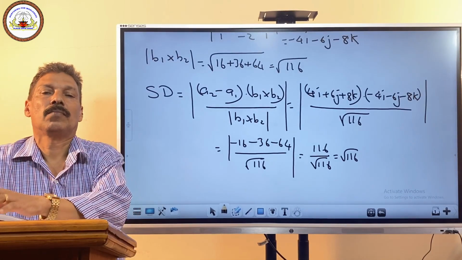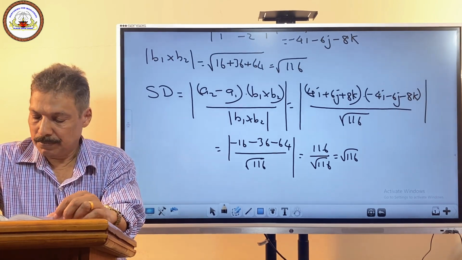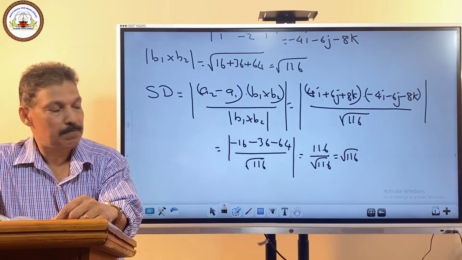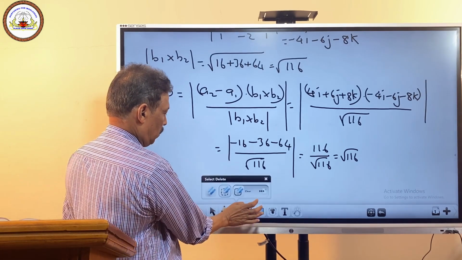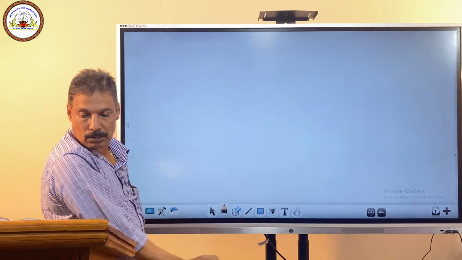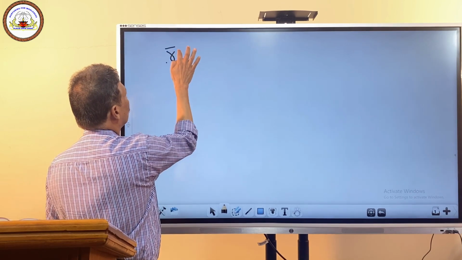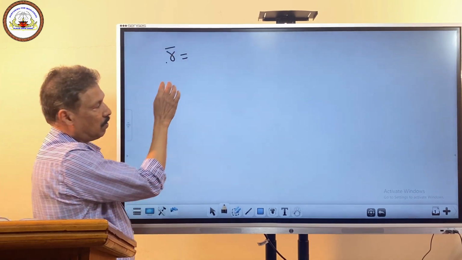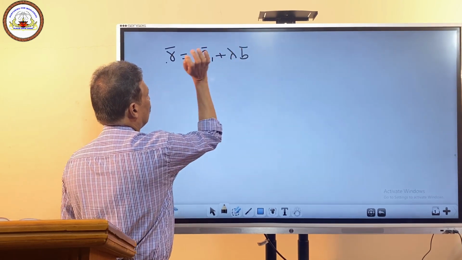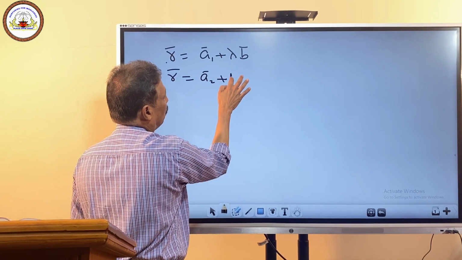Again we consider two lines, sometimes they are parallel. For example, we have to find the shortest distance between the lines r bar equal to a1 bar plus lambda b bar, and the second, r bar equal to a2 bar plus mu d bar.